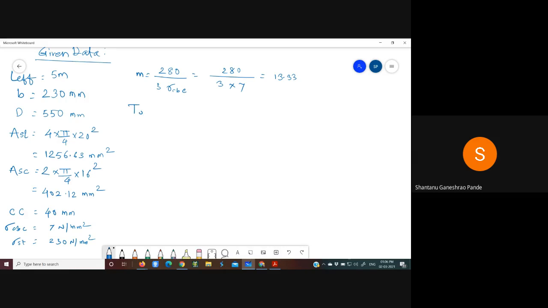So first you can write down, to calculate depth of neutral axis. This will be the first step. And to calculate depth of neutral axis, what we have to do?